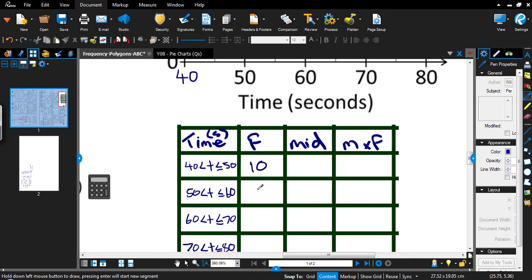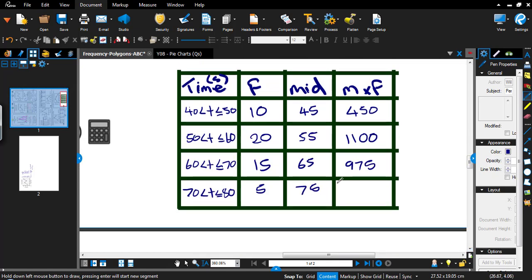We don't even need to look at the graph to do this because it's going to be in the middle of these values. 45, 55, 65, 75. 10 times 45 is 450. 20 times 55 is 1100. 15 times 65 is 975. And then we have 5 times 75 is 375.